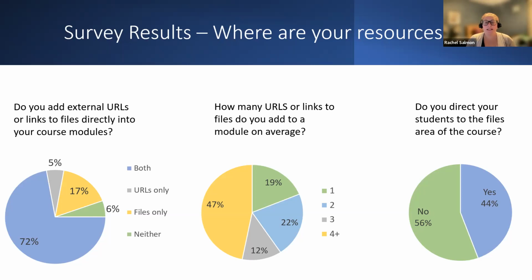That tells us that when you have a larger number of resources, we need to be able to help you organize them well and chunk them out. Sometimes when they're all listed in a module, it can get a little overwhelming. So putting them on a page and being able to separate them by topic or type can really be helpful.